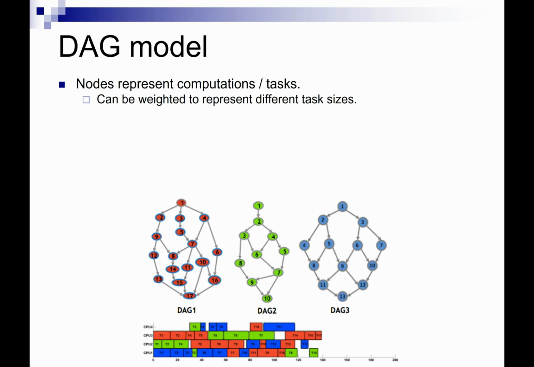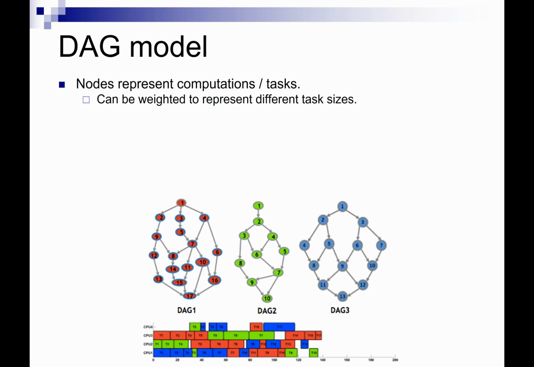The DAG model basically tries to look at a computation as a graph. In fact, it's a directed acyclic graph, which is why it's called the DAG model. We look at all the computation and communication in the program, and to represent this as a graph, we create a bunch of nodes. Each node represents one part of the overall computation.